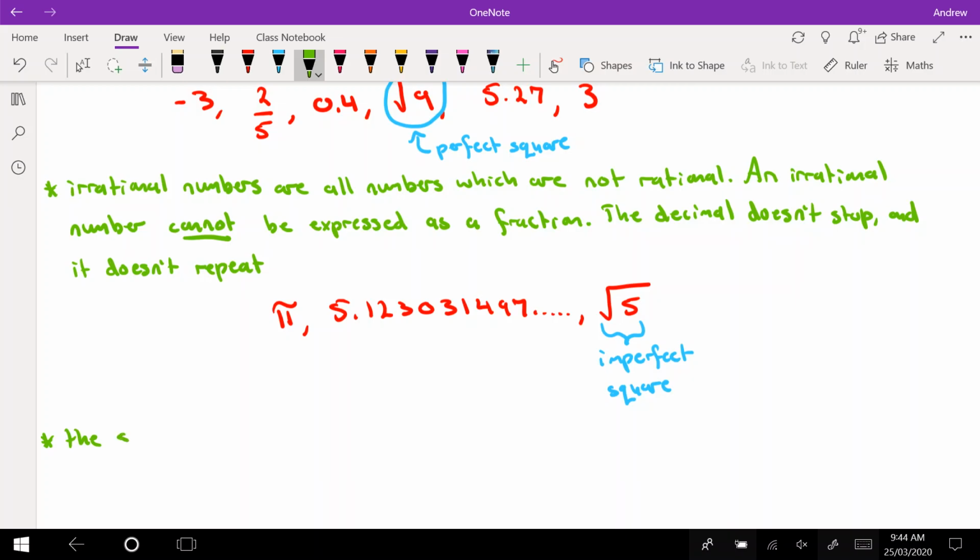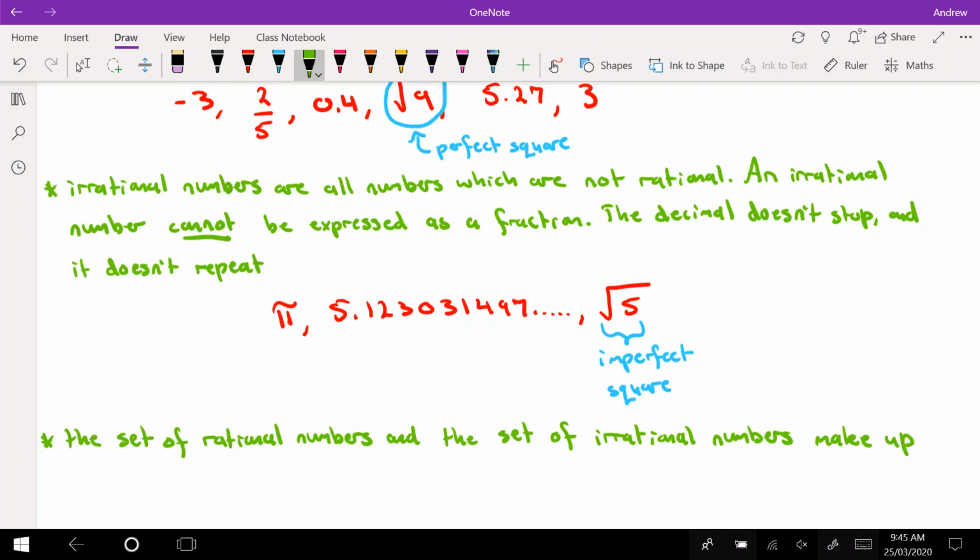The set of real numbers, the set of rational numbers, and the set of irrational numbers make up the set of real numbers.